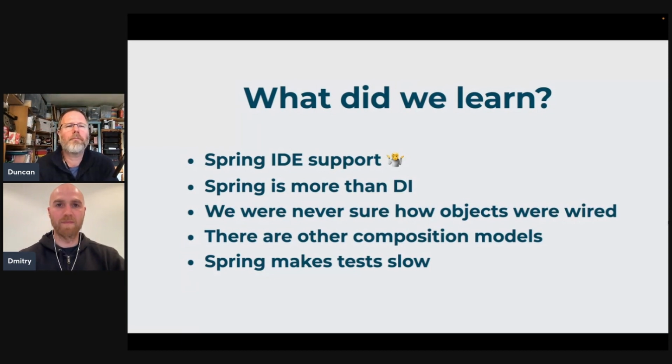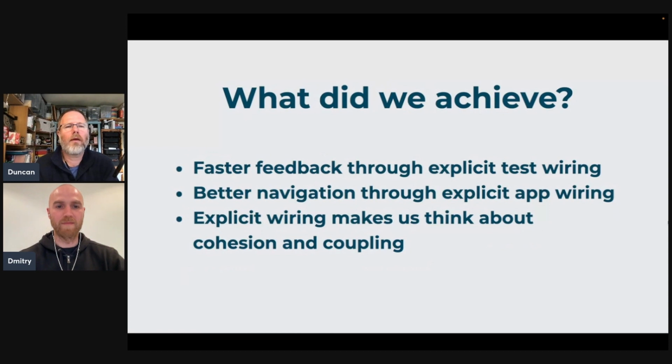Next slide, please. So we achieved some things. Things were faster. We got faster feedback from the tests, and we were able to navigate around because IntelliJ really knew what was being used where, as opposed to the Spring plugin, which it seems wasn't always clear. Maybe we're just driving it badly.